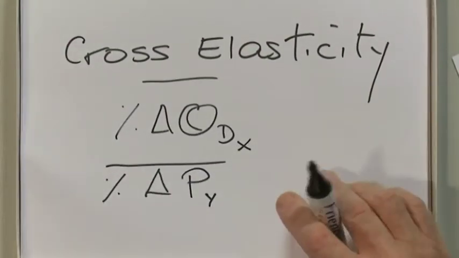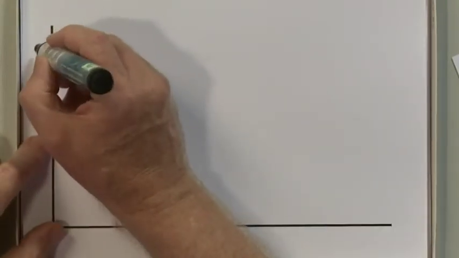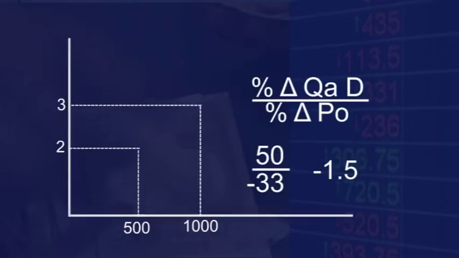So if we were to draw the demand curve now, how would it look? Here's the price of oranges. Here's the quantity of apples demanded. So we're asking what happens to the quantity of apples demanded when there's a change in the price of oranges.